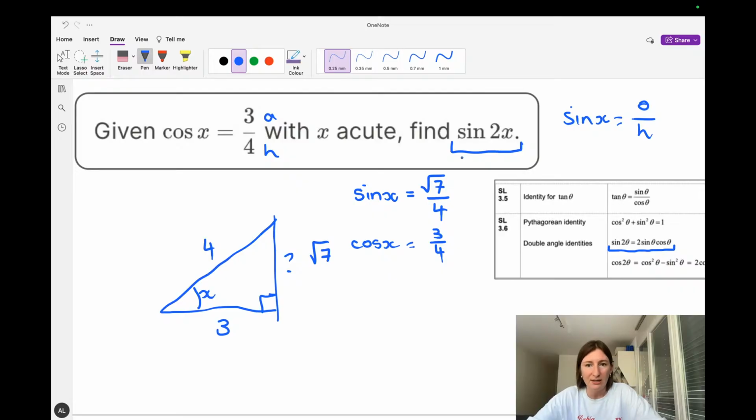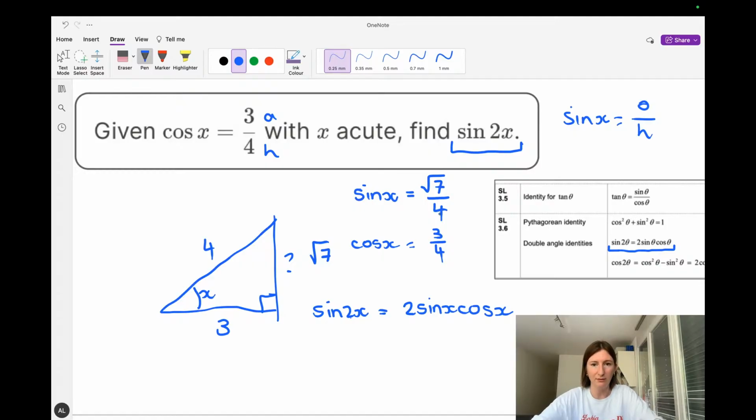So using our identity for sine 2x, there's no way to get rid of this 2. We can't divide by 2. We can't move it around. The only thing we can use as our identity is 2 sine x cos x. So it's theta, but we're using x. So 2 sine x cos x.